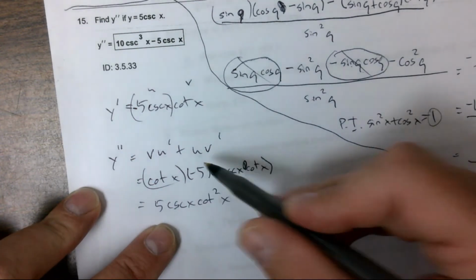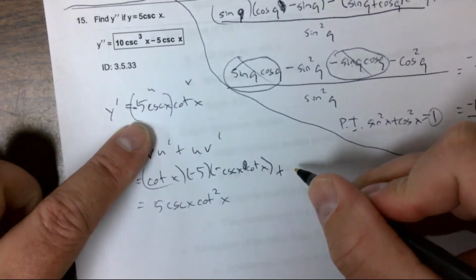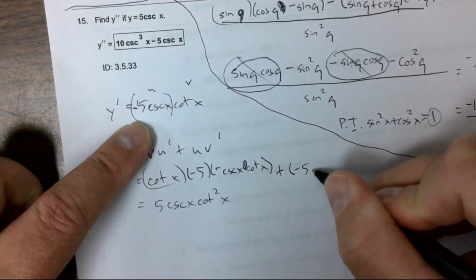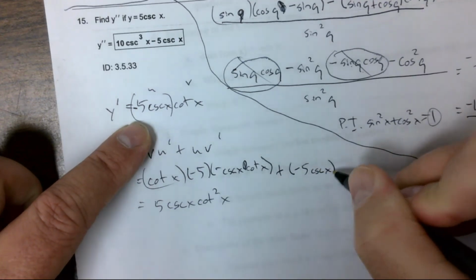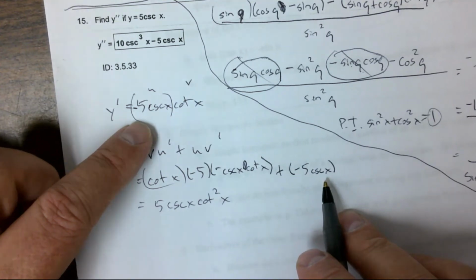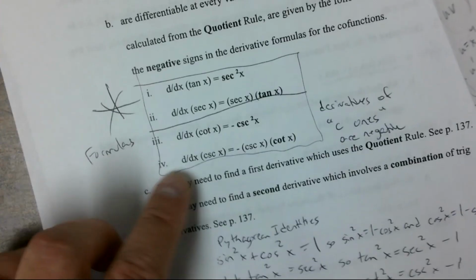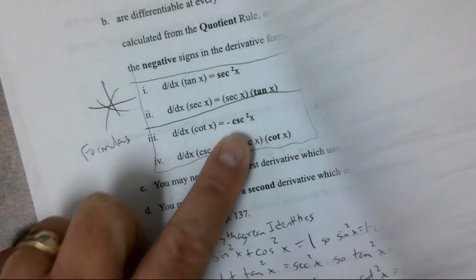Then we have u. So the u part is negative 5 cosecant x. Now we need times the derivative of v. So our derivative of cotangent is negative cosecant squared.